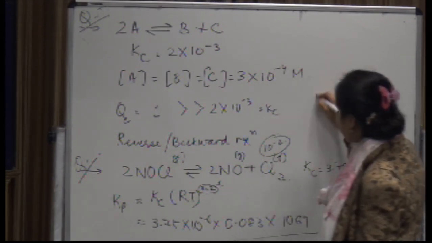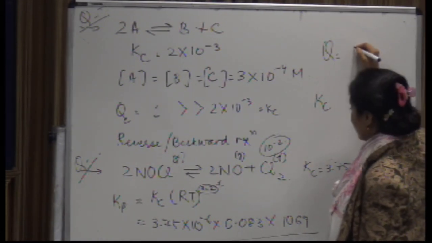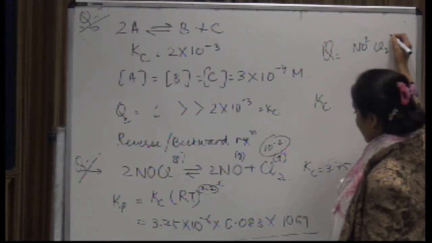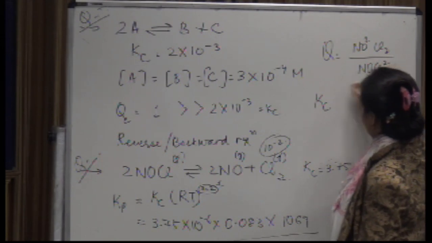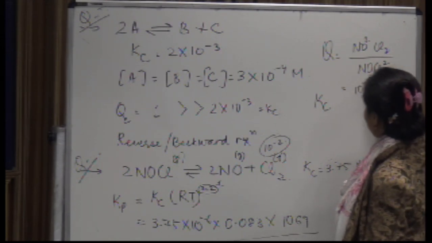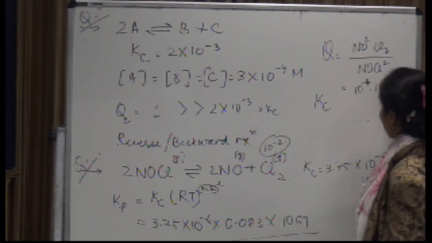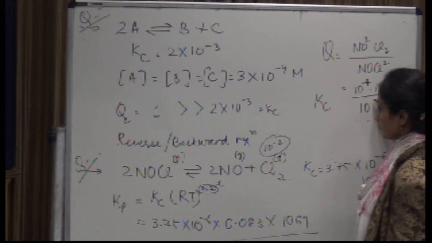You have to write down the expression of Q completely. Q will be equal to NO square into Cl2 upon NOCl square. So that will be 10 to the power minus 2 whole square, 10 to the power minus 4 into 10 to the power minus 2 upon 10 to the power minus 4.